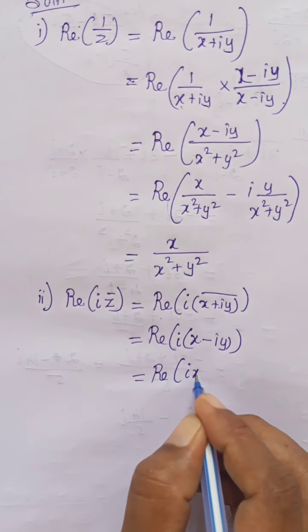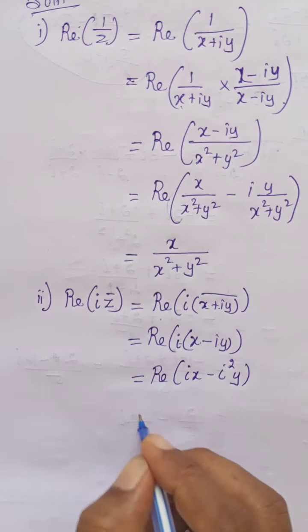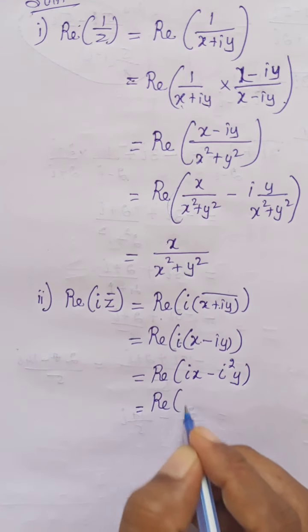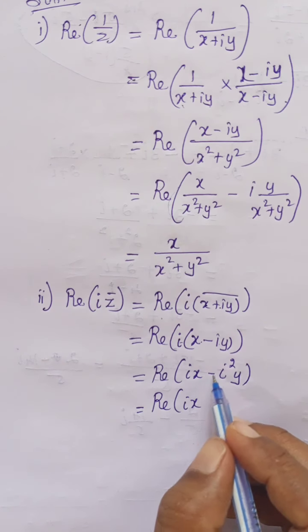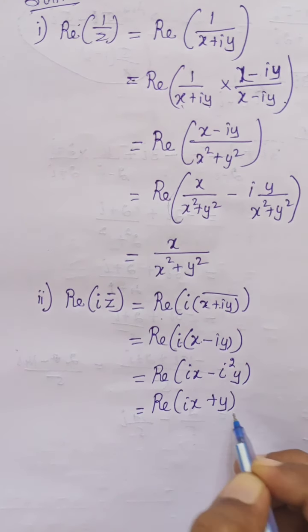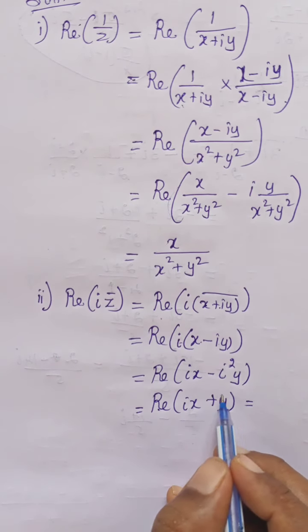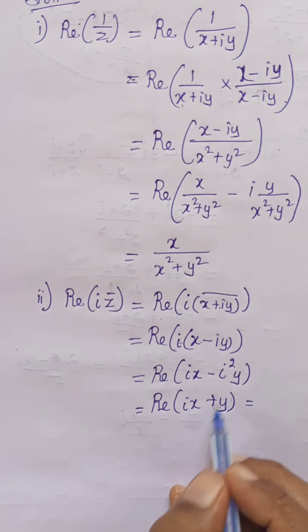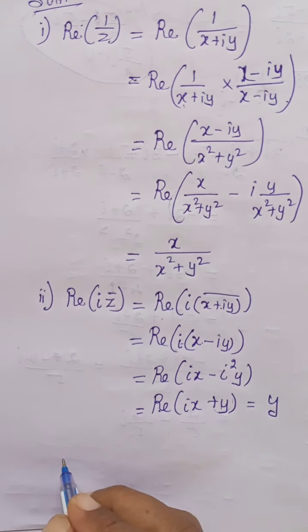This is i into x minus i into i square into y. Now we know that the value of i square is minus 1. So it will become plus y. Now what is the real part of ix plus y? This is the one without the imaginary unit i. So the real part is y.